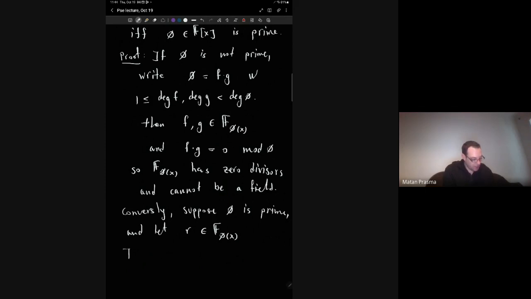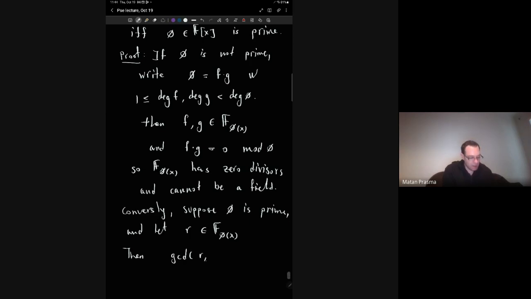Then the GCD of R and phi is 1, right? Because phi is prime. Phi is prime, and R is of degree smaller than phi. So the GCD has to be 1.